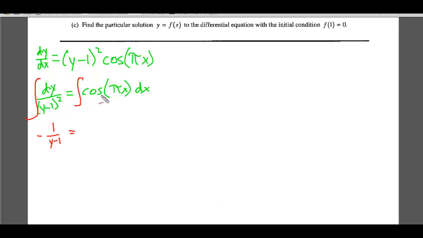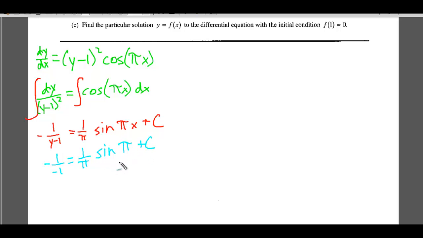equals the integral of cosine, which is sine, but it's pi x, so we need 1 over pi sine pi x plus c. Let's figure out what c is first. When x is 1, we need a value of 0. So we plug 1 and 0 in, and we get negative 1 over negative 1 equals 1 over pi sine pi plus c.